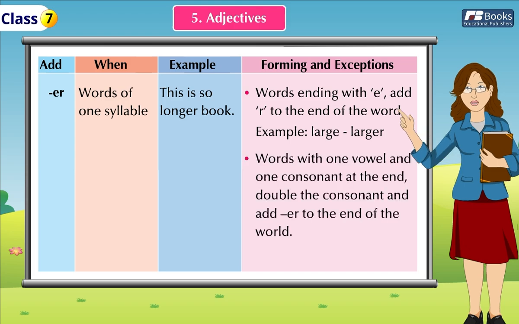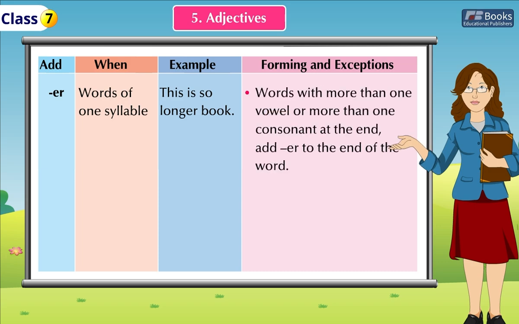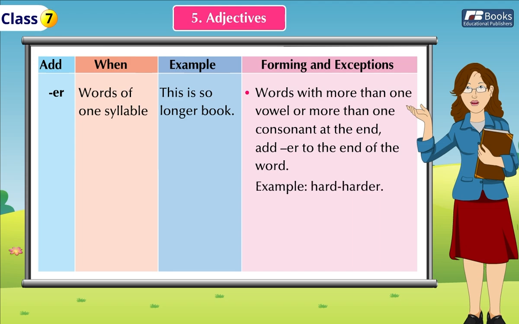Words with 1 vowel and 1 consonant at the end: double the consonant and add er to the end of the word. Example, big, bigger. Words with more than 1 vowel or more than 1 consonant at the end: add er to the end of the word.